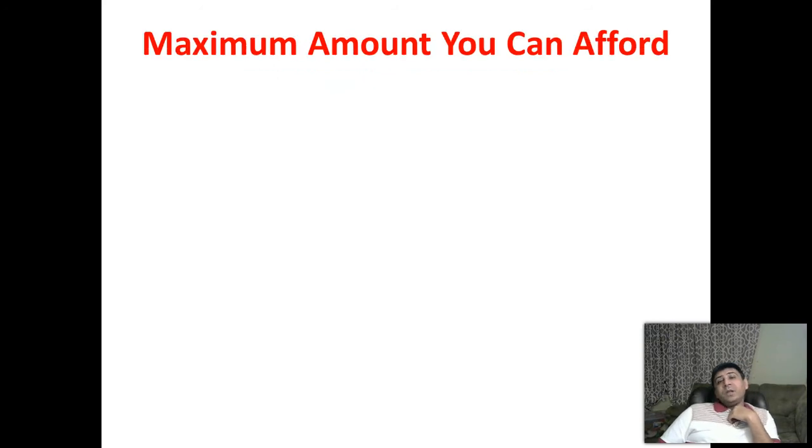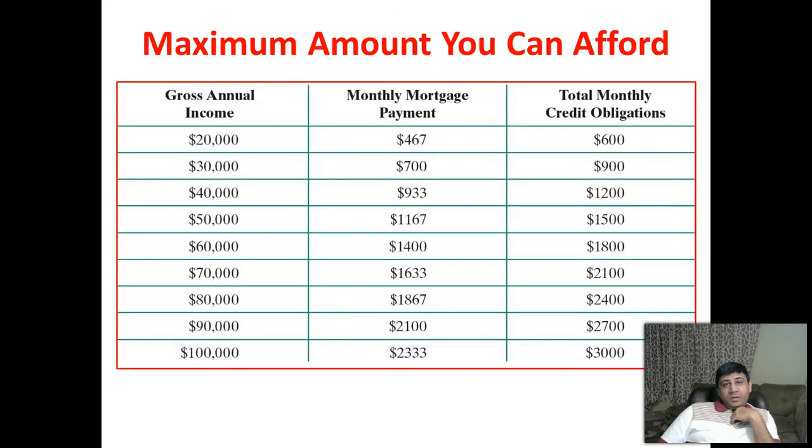So here's a table of the maximum amount you can afford, based upon the recommendations. If you're making $20,000 a year, that's your annual income, you can afford a house on which your monthly mortgage payment is less than or equal to $467.